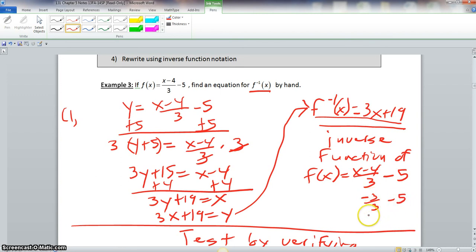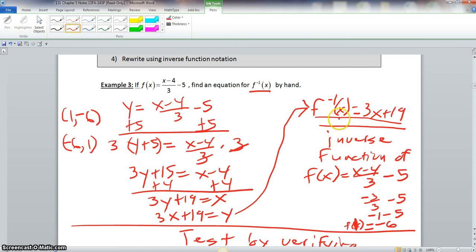Negative 3 over 3 will give you negative 1, minus 5, which is negative 6. So we know our f of 1 would equal negative 6. So in order for this to be true, the point (negative 6, 1) should work with the inverse function.